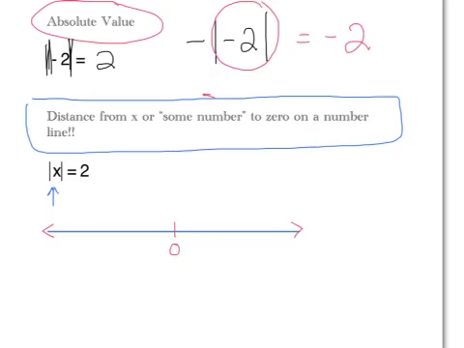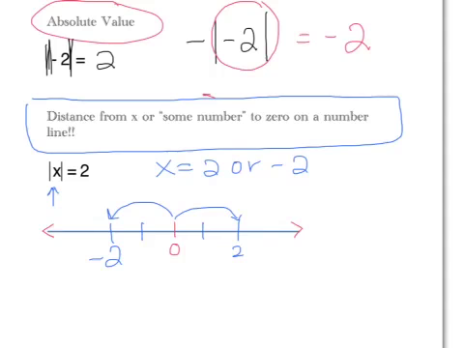So let's think about it like this. I could go 2 in this direction, right? But I also could go 2 in this direction, which would put me at negative 2. So if I was looking to find the solution, what x could be is 2 or negative 2.